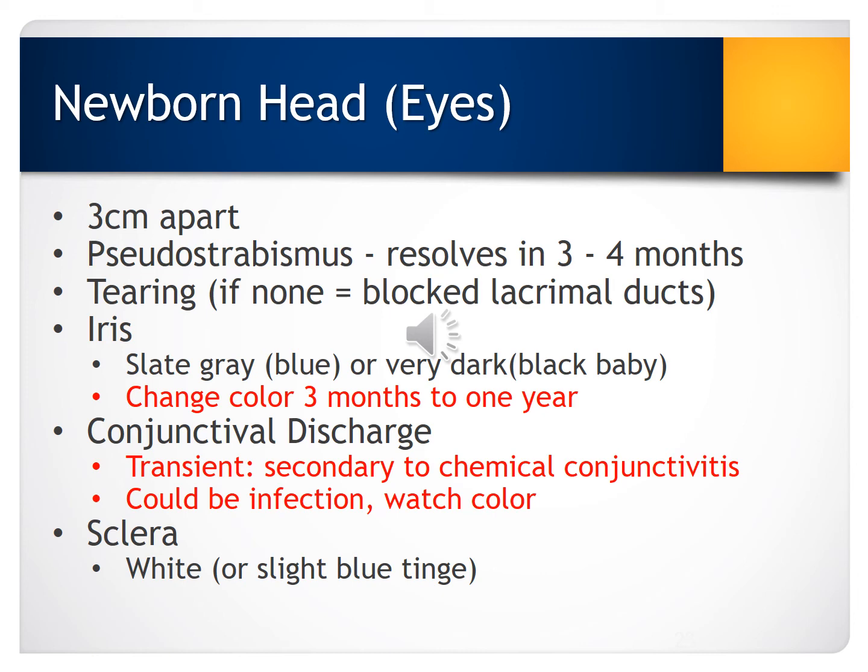You also want to be aware of any conjunctivitis, any discharge from the eye. It could be transient because they had erythromycin in the eye, or it could be a sign of infection. Any greenish discharge or crustiness could be a sign of an infection, and the sclera of the eye should be white. Any tinged yellowness would signal jaundice.